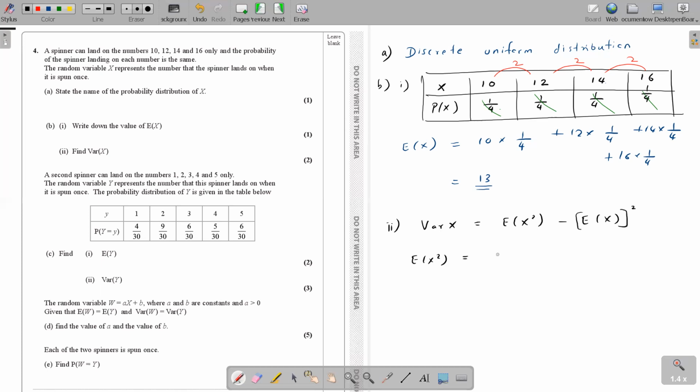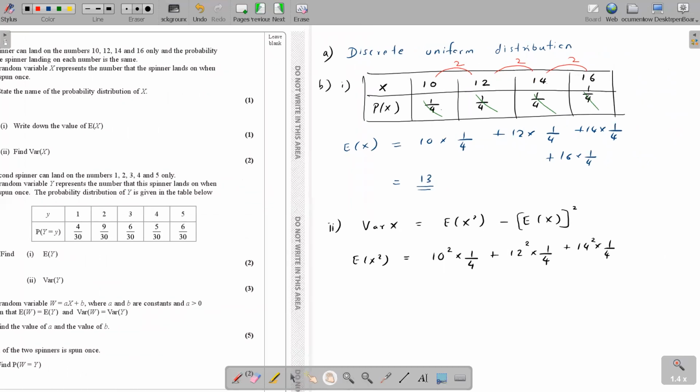Find it. E(X squared): you multiply the X squared with the respective probability. 10 squared into 1/4, 12 squared into 1/4, 14 squared into 1/4, plus 16 squared into 1/4. Do you guys agree with me? Can I know the answer to that? What's the E(X squared) answer?